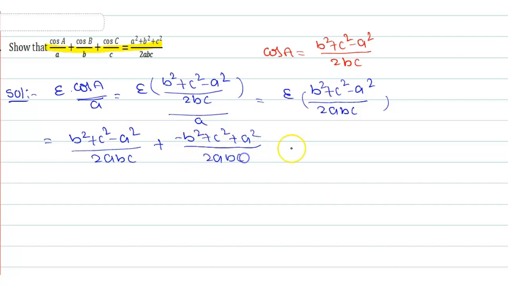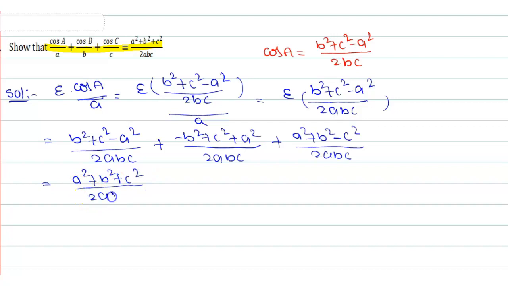And the third function is a square plus b square minus c square by 2abc. In all three, 2abc is common, so the numerators are added. In that condition, plus and minus signs get cancelled out, and the leftover value is a square plus b square plus c square by 2abc. Simple answer, this one, and the easiest one if you remember the cosine rule formula. Okay? Right. Now go for the next question.